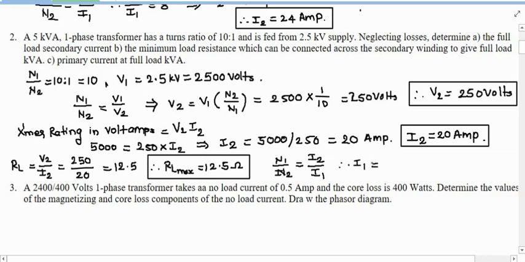I1 is equal to I2 into N2 upon N1, which equals 20 into 1 by 10. So I1 is equal to 2 ampere. So I will write down here, I got I1 is equal to 2 ampere.